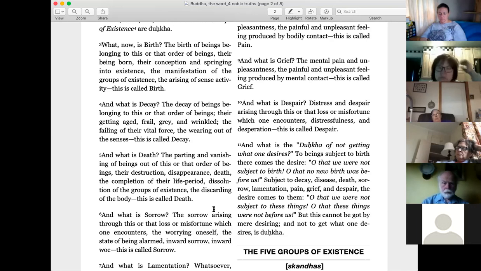And then he continues by saying, "Oh, that we were not subject to these things. And oh, that these things were not before us." But then the Buddha reminds us that even if we wish for that, our desire is not going to change the fact that those things are dukkha.